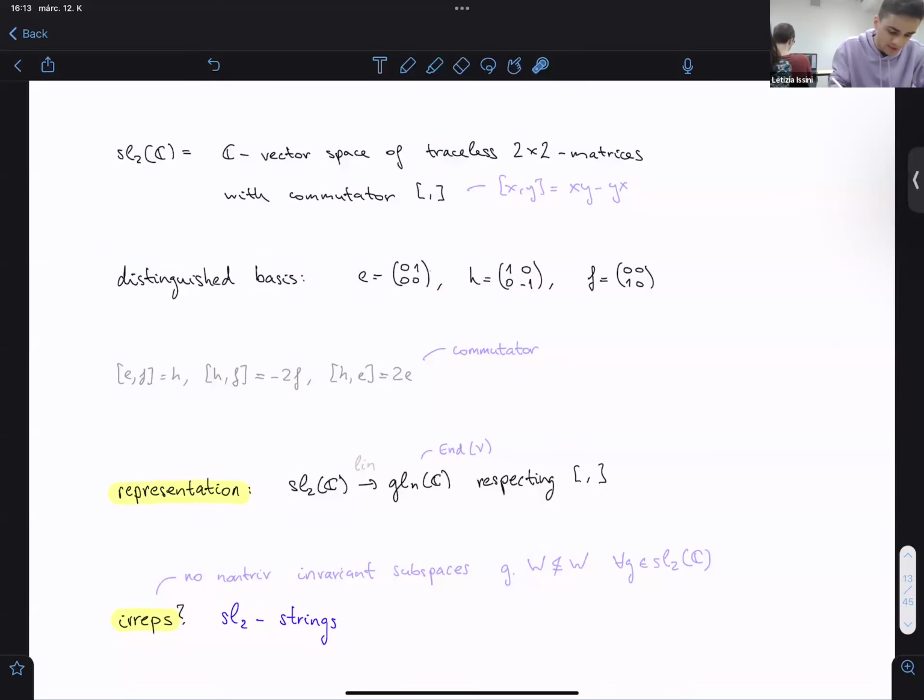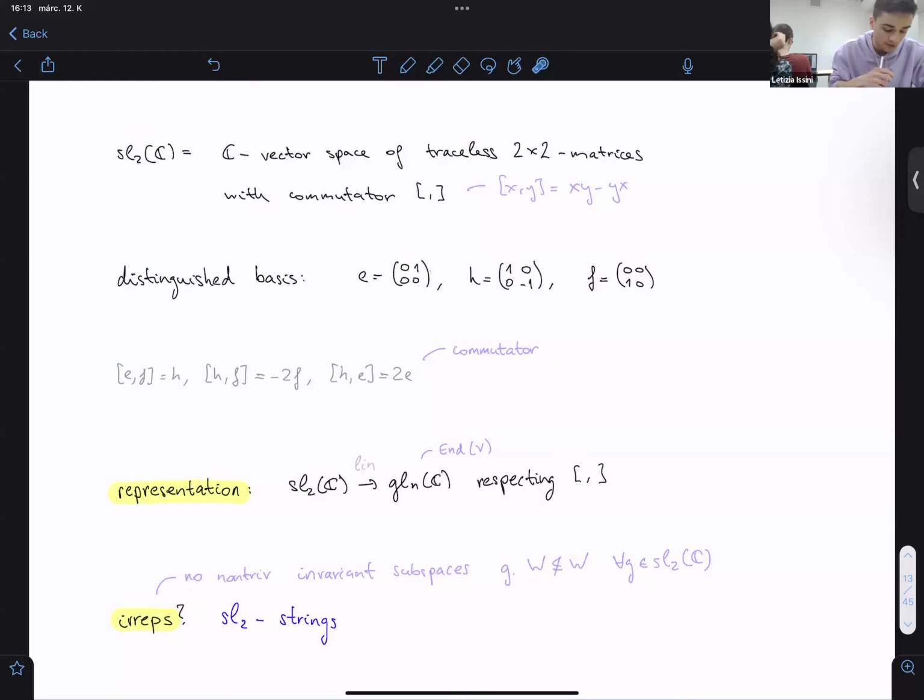There's a distinguished basis that's given by these matrices E, H, and F, where E is upper triangular, H is diagonal traceless, and F is lower triangular. This basis is distinguished because the expression of the commutator bracket has a simple form on this basis. So [E, F] is H, [H, F] is minus 2F, and [H, E] is 2E.